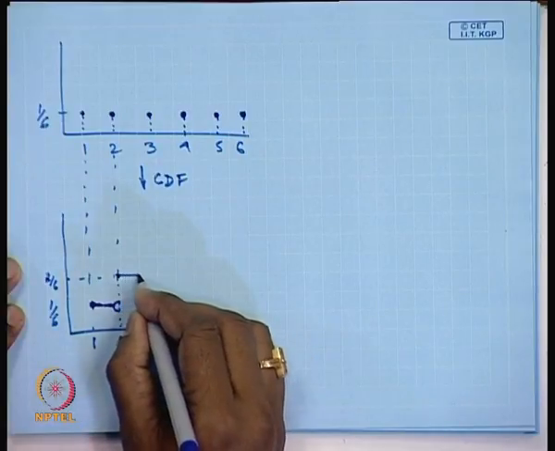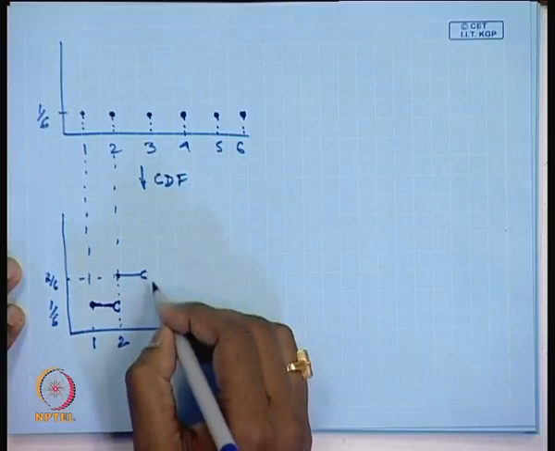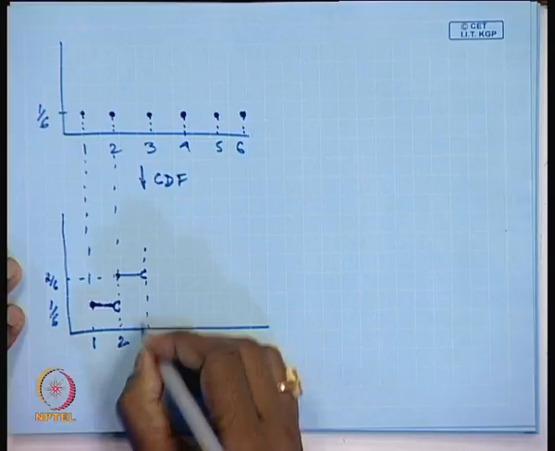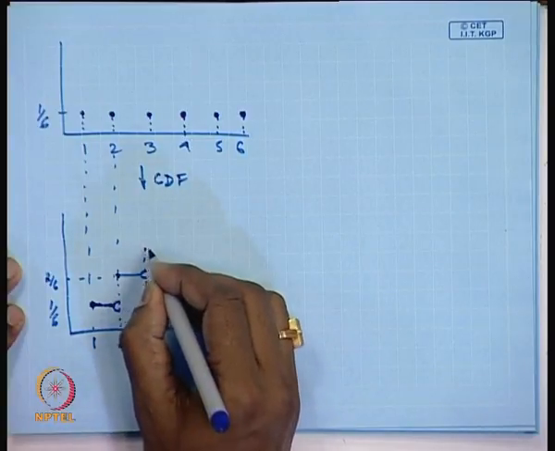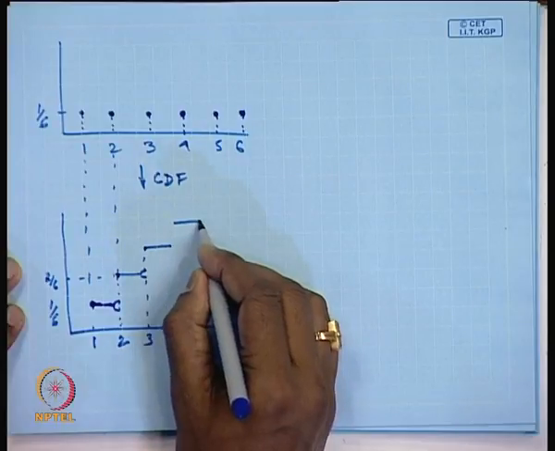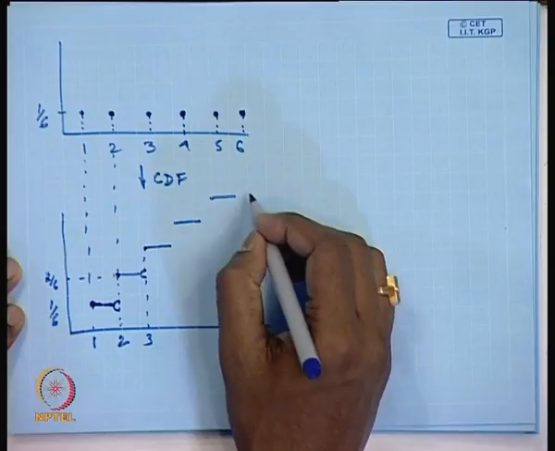Similarly, it will be one line that goes as close as it can up to 3, but it should not touch the line at 3. So like this, we are getting continuous lines as step lines, and it is going up to 1.